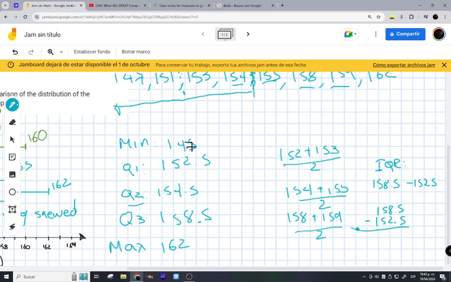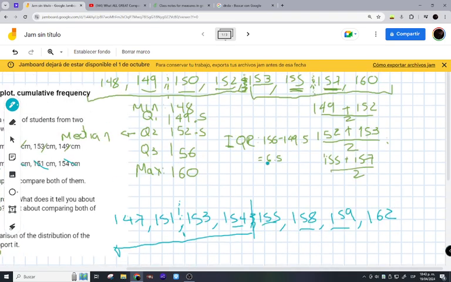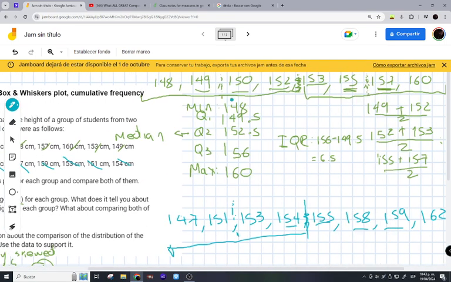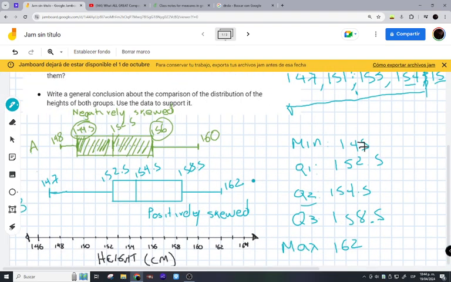You will have your calculator, so don't worry. 5 minus 5 is 0. This is 6. Okay, that's the distance. Let me check something here. Okay, this is 6.5, and this is 156. Yeah, 6.5, and this is 6.